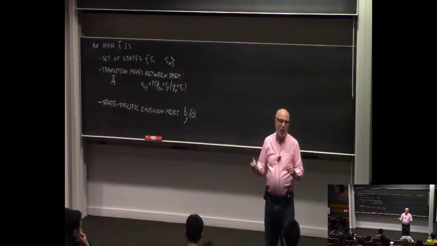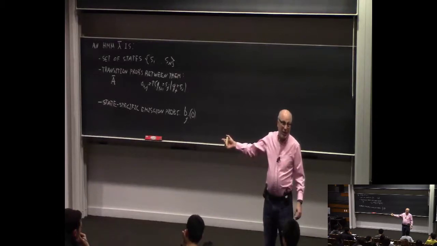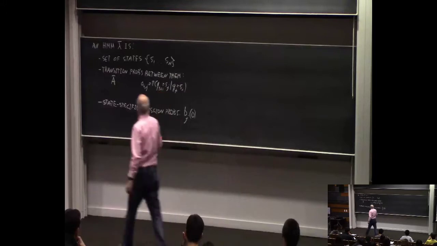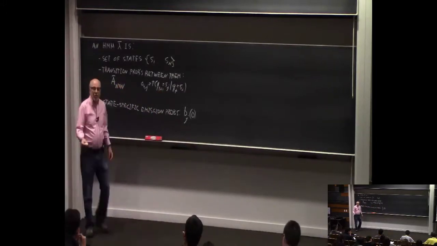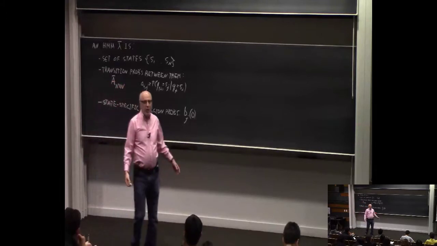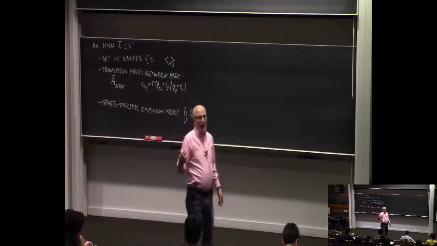Right now we need an n by n matrix. For a second order Markov model, we would need n by n by n.